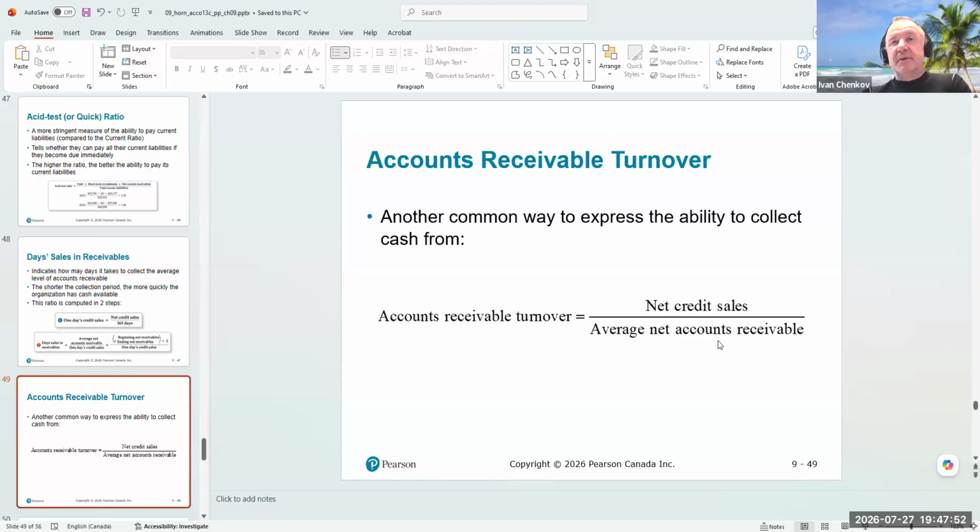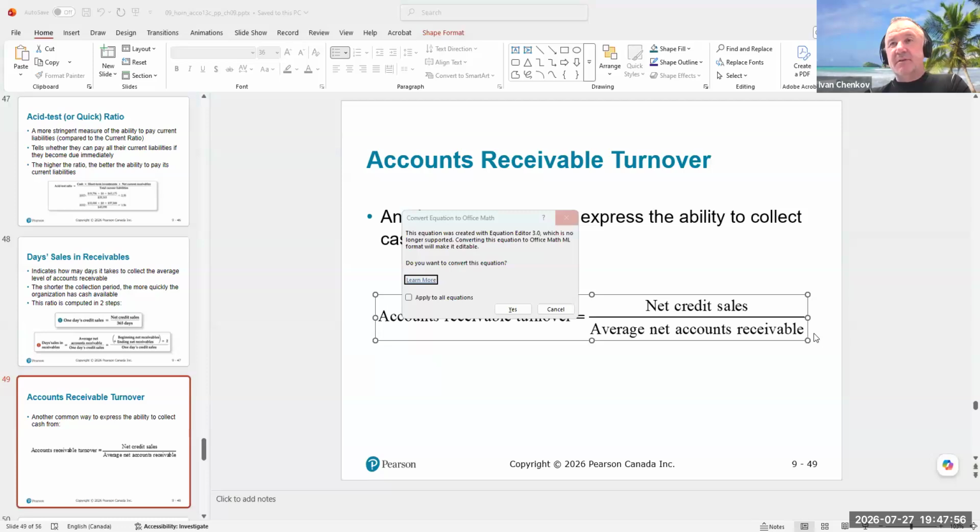How can we interpret this ratio? This ratio is very simple to interpret.